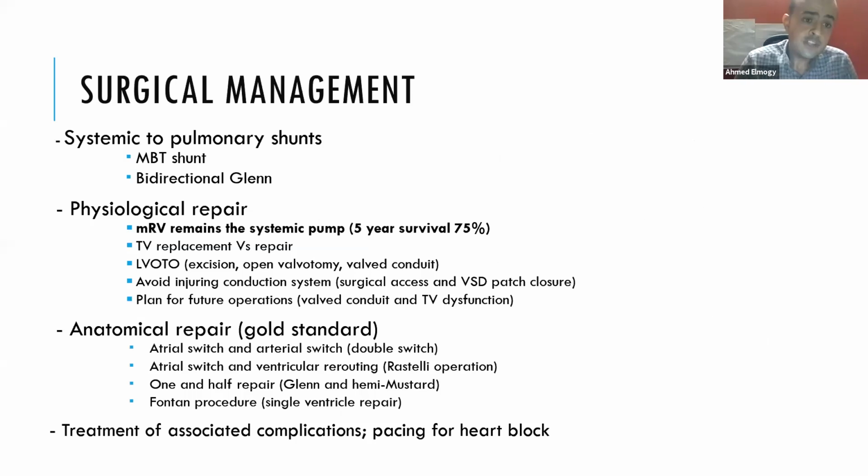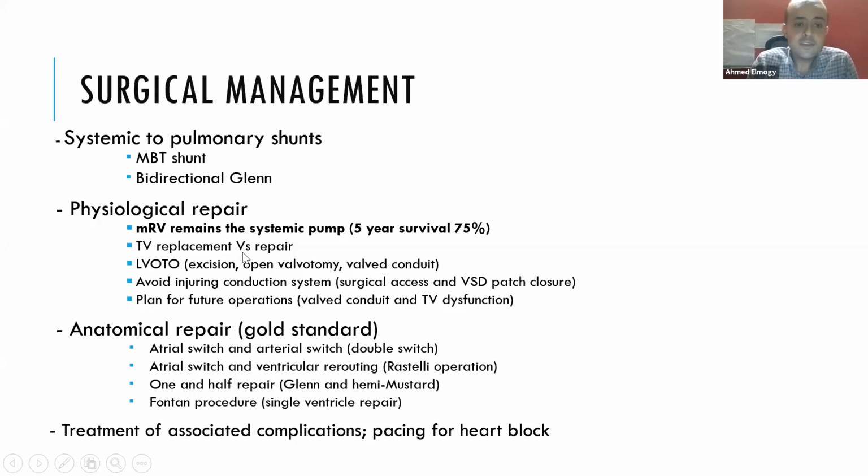As we mentioned, these include systemic to pulmonary shunts like the modified Blalock-Taussig and bidirectional Glenn. The physiologic repair is not satisfactory anymore because the morphologic right ventricle remains a systemic pump, not accustomed to high pressure, and usually fails, and the severe tricuspid regurgitation usually needs reoperation, with high morbidity and mortality.